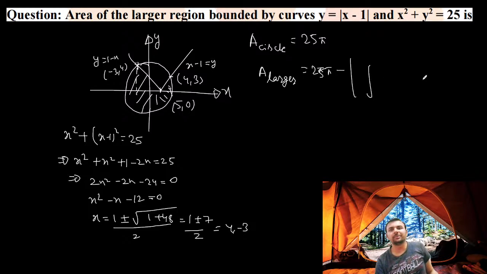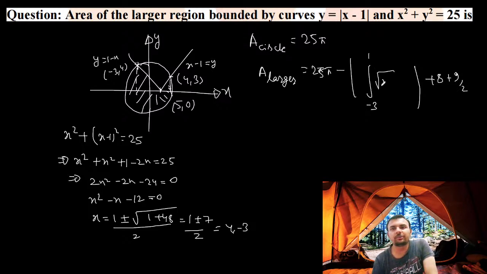So we'll simply minus 8. Okay. And this area is 4, 3, 9, 9 by 2. Okay. That means we will add this area.